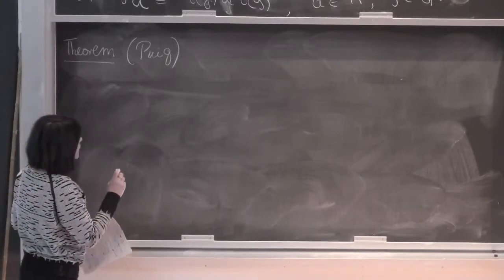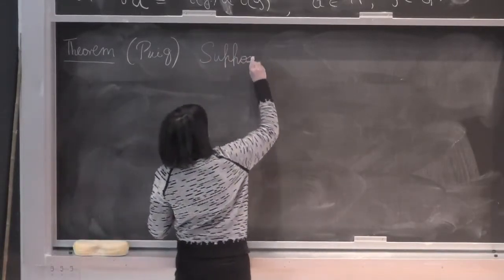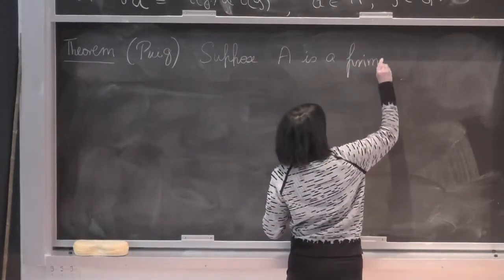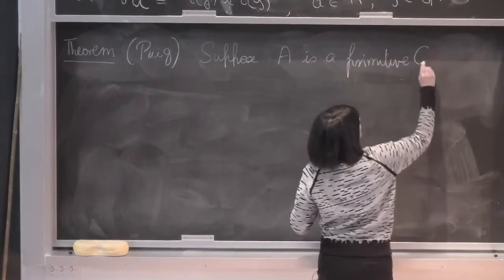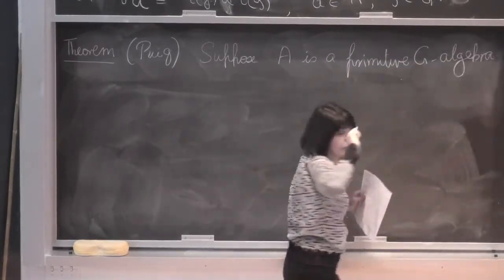Before, let me just say, suppose A, and then I will define this, is a primitive G-algebra.